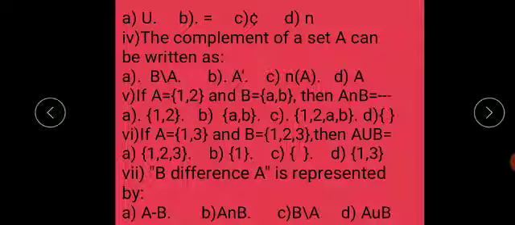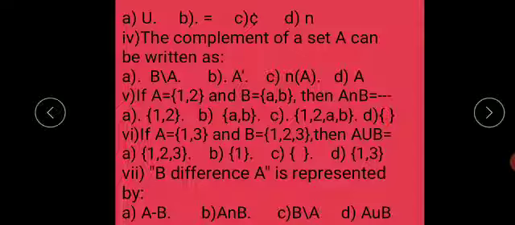Fifth part is if A is equal to {1, 2} and B is a set of {a, b}, then A intersection B is equal to {1, 2}, {a, b}, {1, 2, a, b}, or the null set.